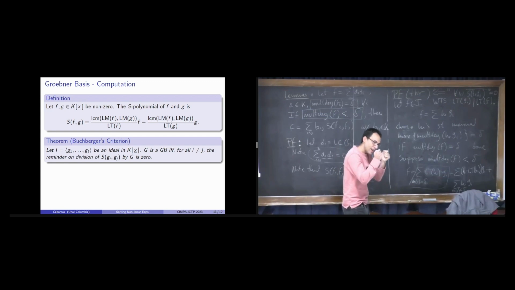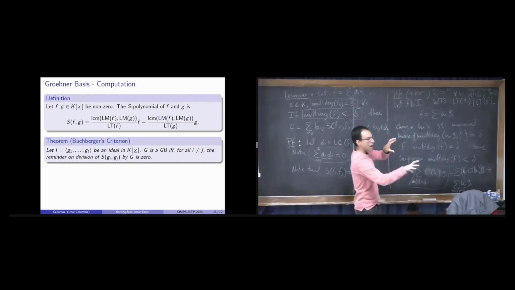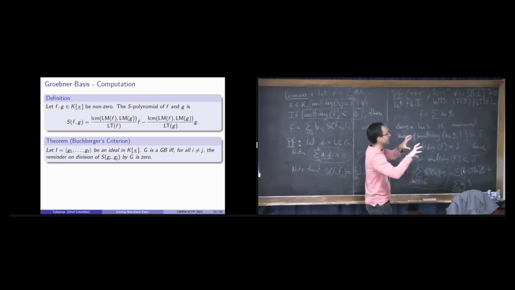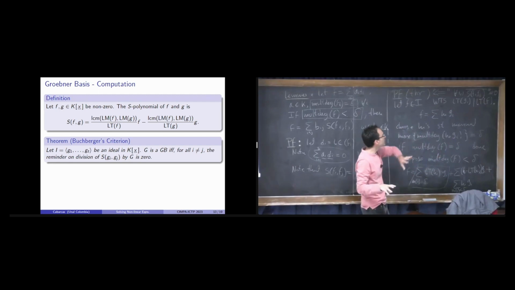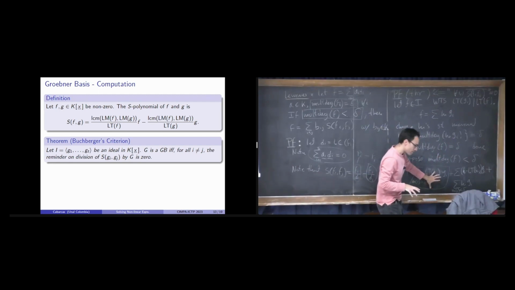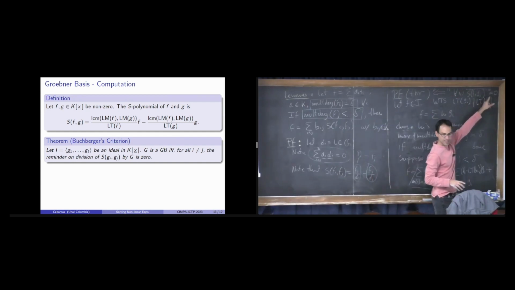And the division algorithm is nice because it only goes down in multi-degree. You're never going up in multi-degree. So you guarantee that the expression that comes from the S polynomials goes down in multi-degree, and eventually you get to the original G_i's.